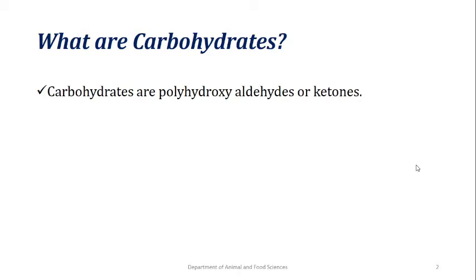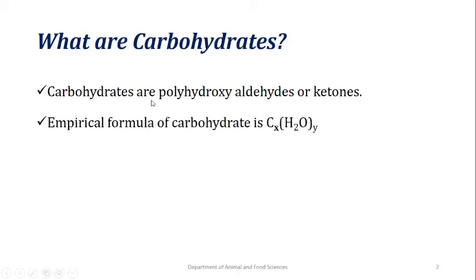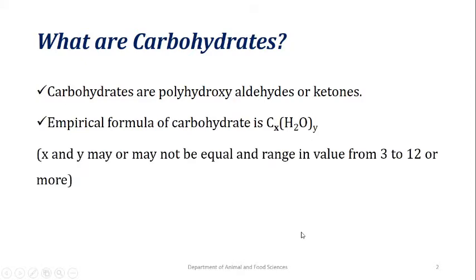You have learned about these things under biochemistry. The empirical formula of carbohydrate is CxH2Oy, and as shown here, the hydrogen to oxygen ratio is 2 to 1. X and Y may or may not be equal, and range in value from 3 to 12 or more.